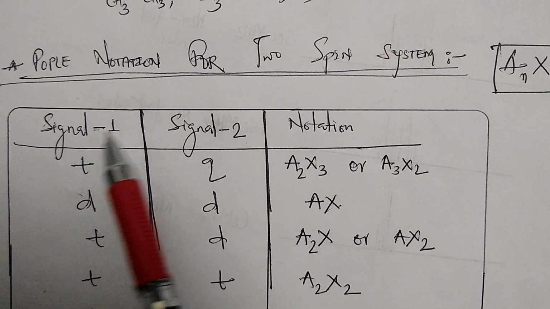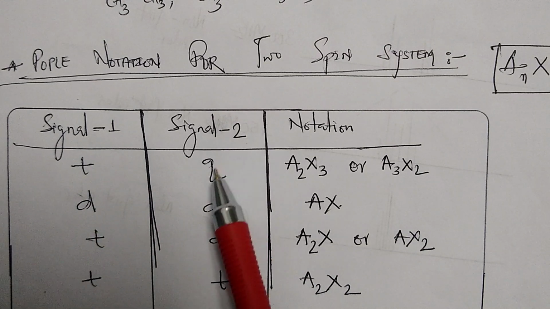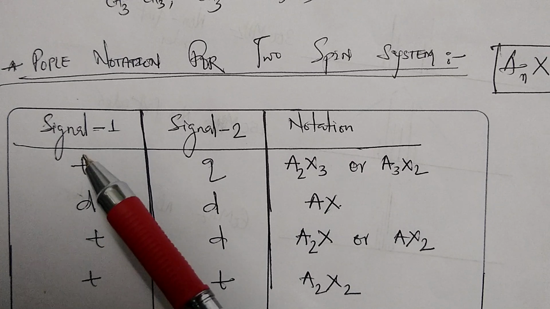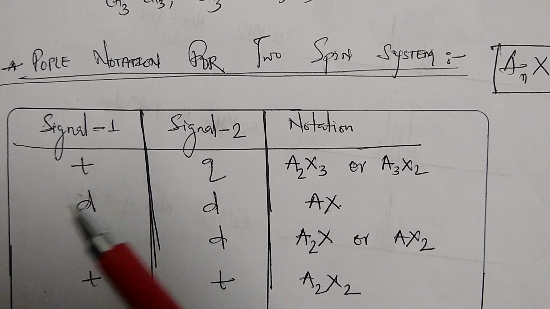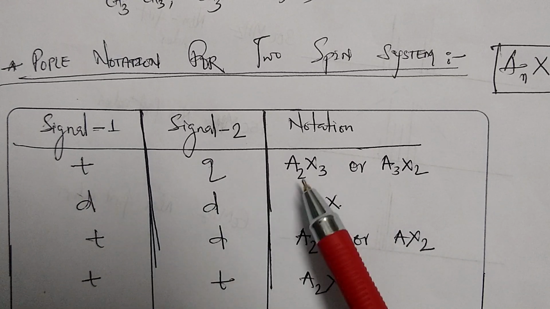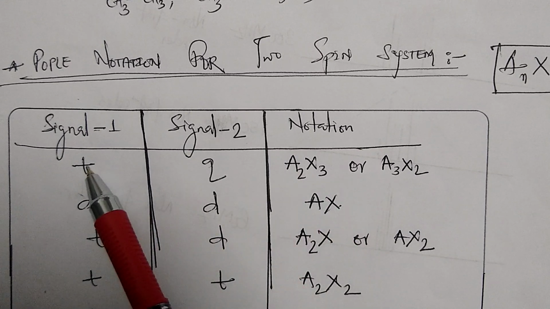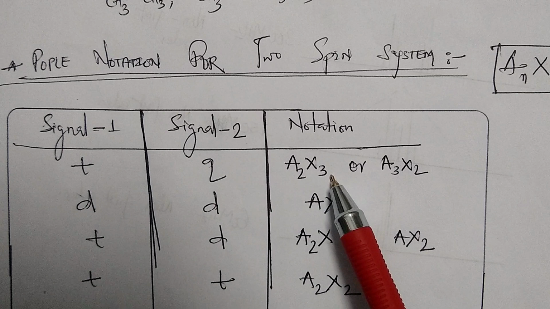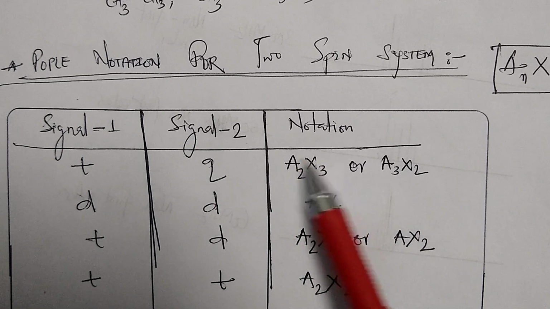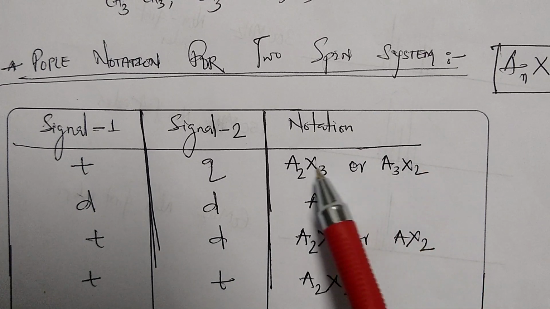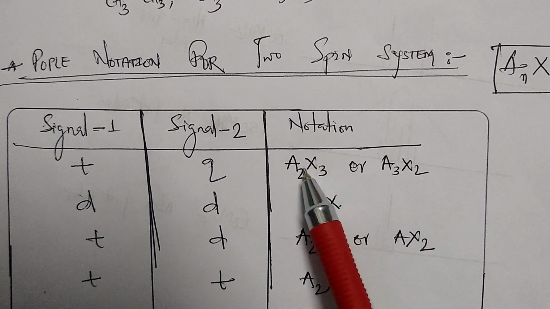If signal 1 is a triplet and signal 2 is a quartet, we will lower each value by one and write 2 for A, that is the value of n. So triplet will get 2 and quartet will get 3. Likewise, we can write it in other form like A3X2. So both ways it can be written down.